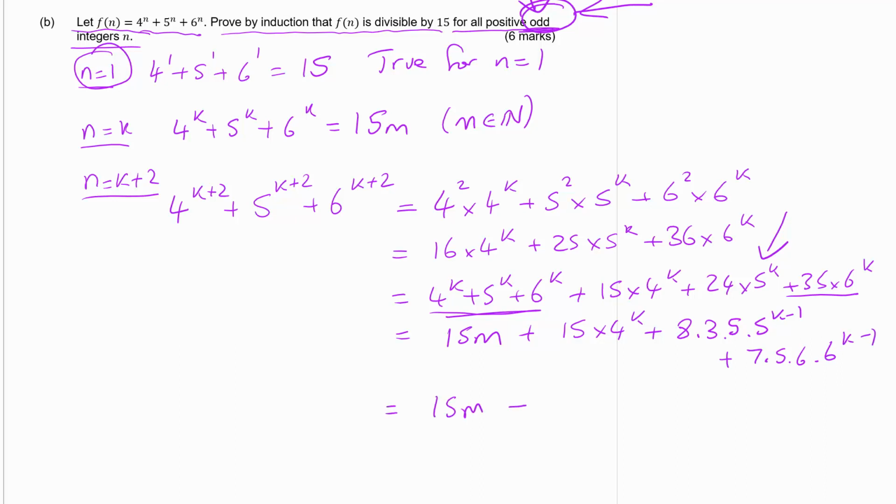So I've got 15m plus 15 times 4 to the k. And I can split out a 15 here. So I've got 15 times 8 times 5 to the k take 1. I can also carve out a 15 here with a 5 times a 3. That leaves me with 2 times 7. So I've got 15 times 14 times 6 to the k take 1.